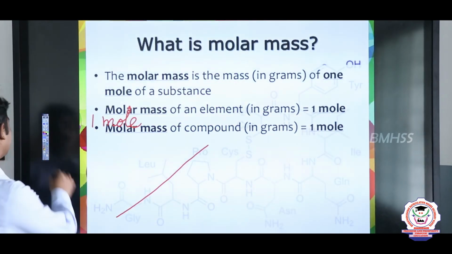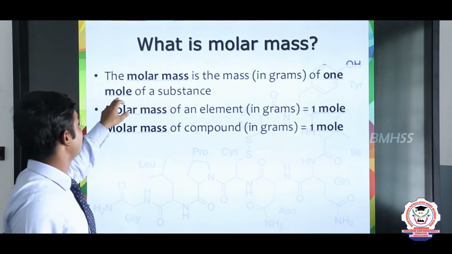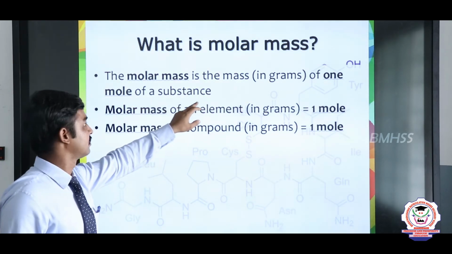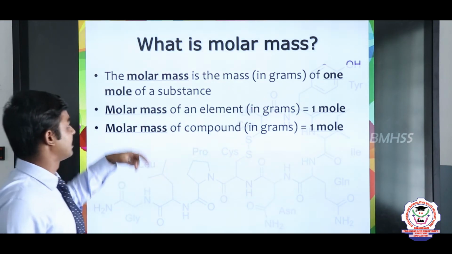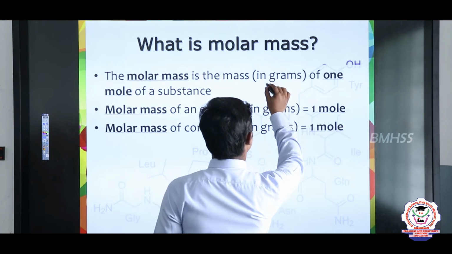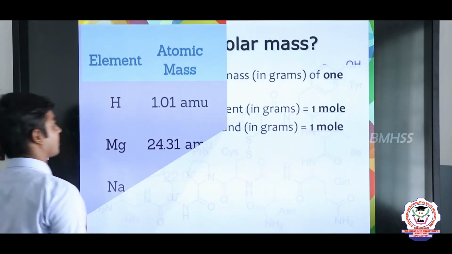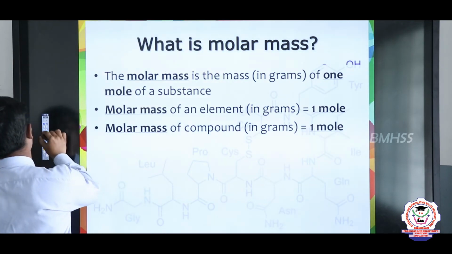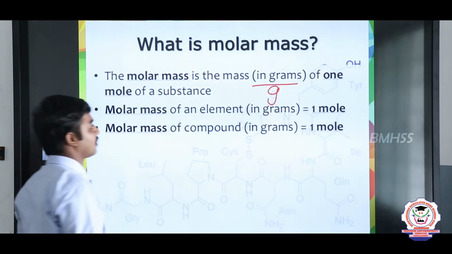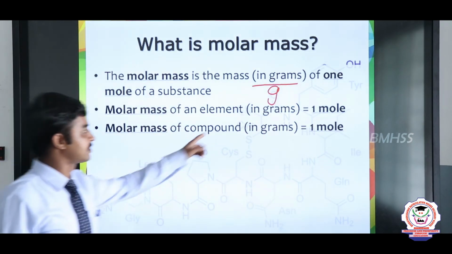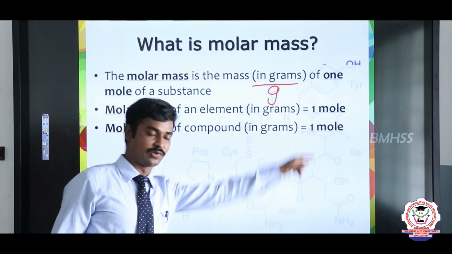The molar mass is defined as the mass of 1 mole of the substance, and it is represented in grams. The unit is grams. Molar mass is represented in grams, and the symbol is g. The molar mass of an element in grams is the mass of the number of particles in 1 mole.